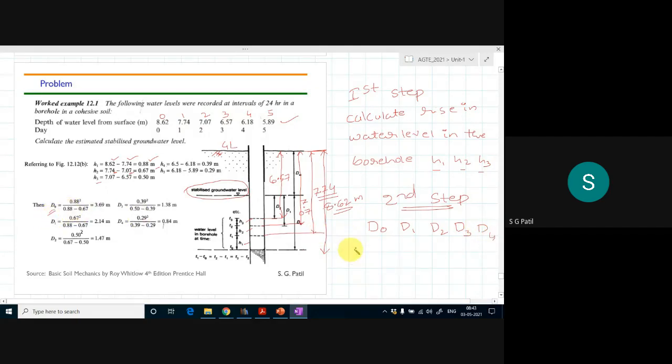So d0, how will you get d0? d0 is nothing but, you remember the formula? h1 square divided by h1 minus h2.